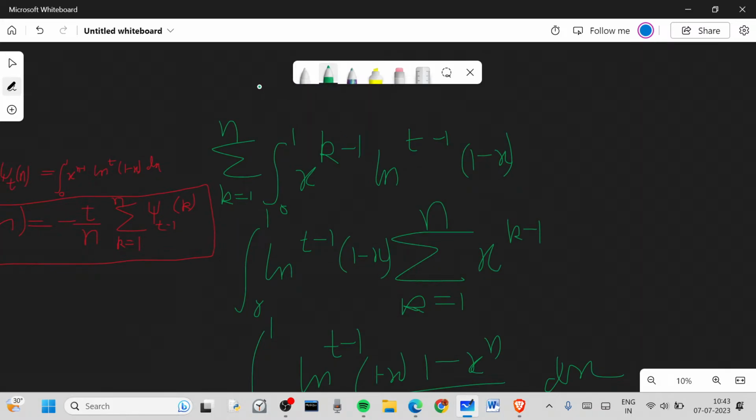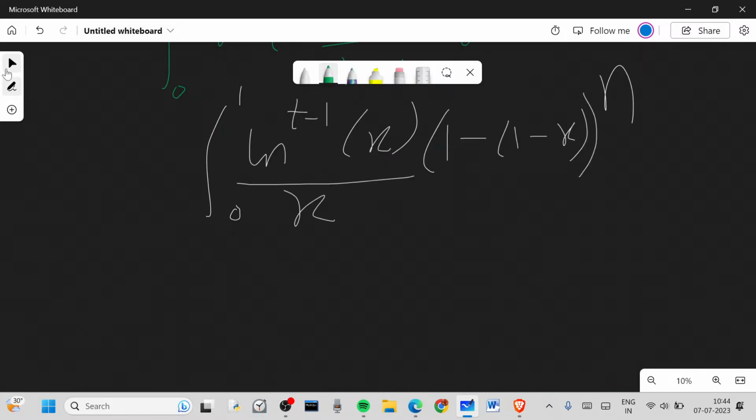I missed one thing, because psi t minus 1 includes one more term, that's t by n. So to multiply here n by t minus 1, we can simply write t by t minus 1, not a big issue. If you haven't understood why I'm writing this, you will see it later below.